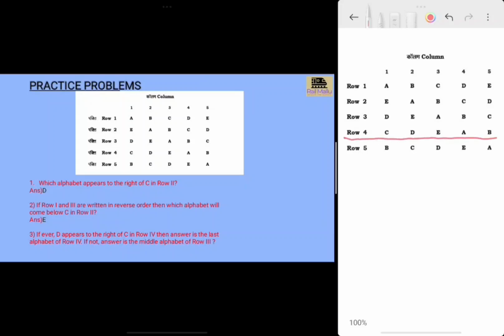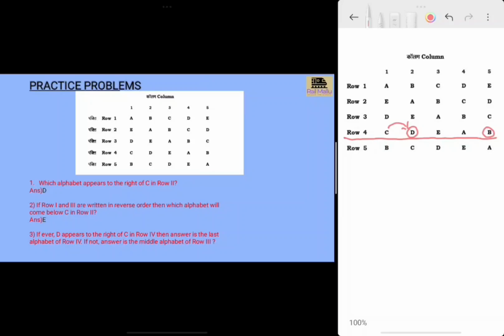If D appears to the right of C in row 4, then the answer is the last alphabet of row 4. Now the second condition is, if D does not appear to the right of C, then the answer will be the middle alphabet of row 3.